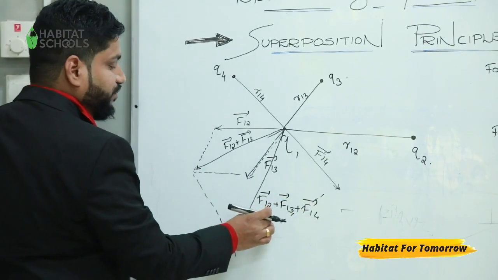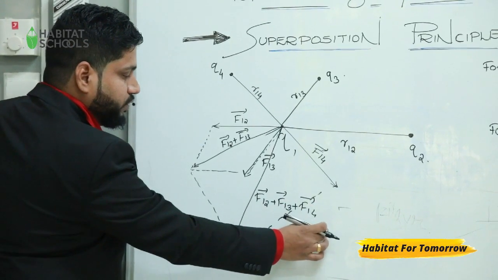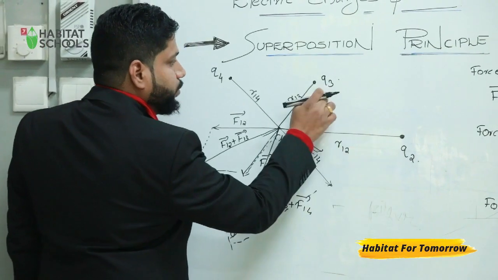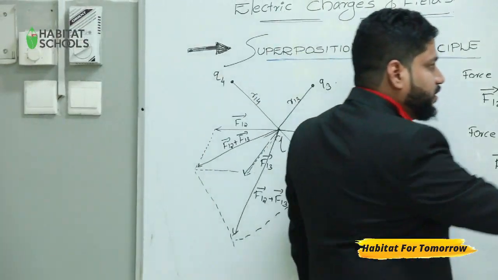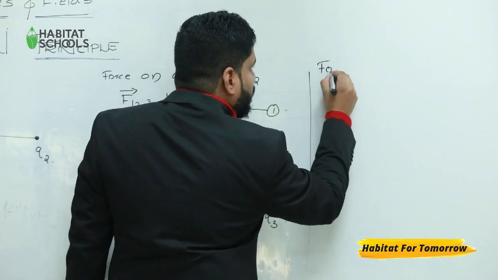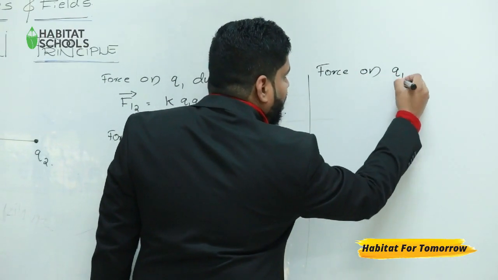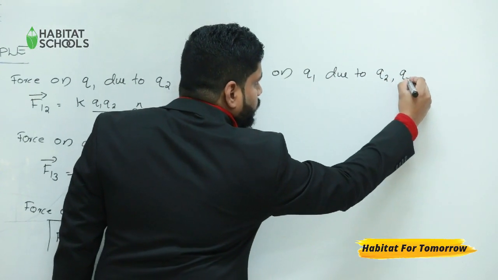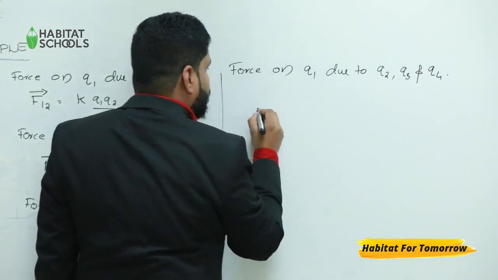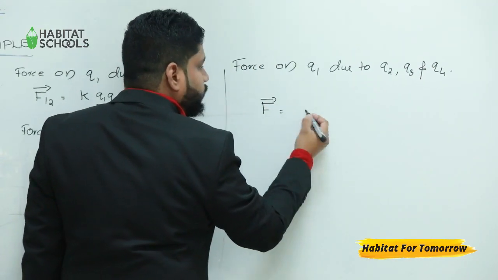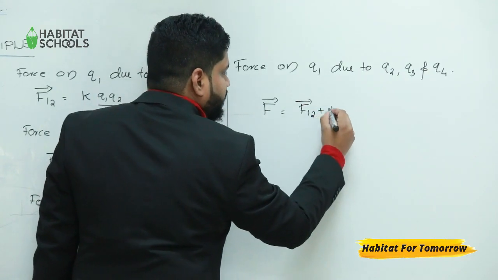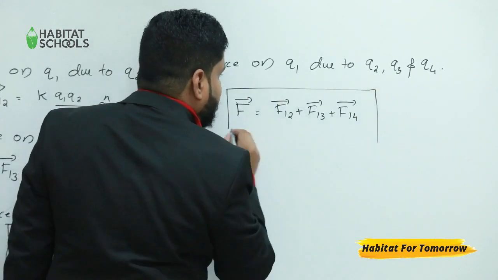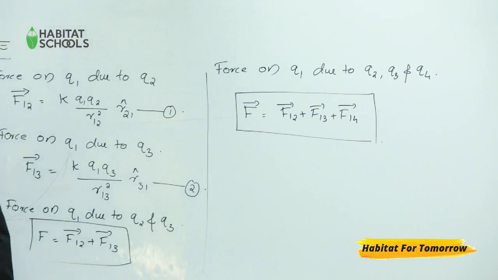What is F12 plus F13 plus F14? The total electrostatic force on Q1 due to Q2, Q3, Q4. So finally you can write the force on charge Q1 due to Q2, Q3 and Q4, that is F is equal to F12 plus F13 plus F14. It is the mathematical expression for the superposition principle.